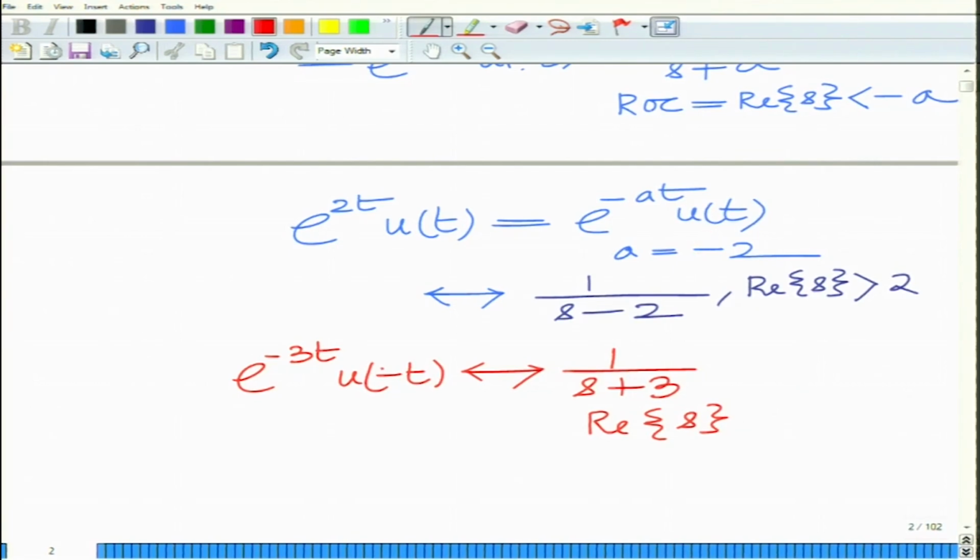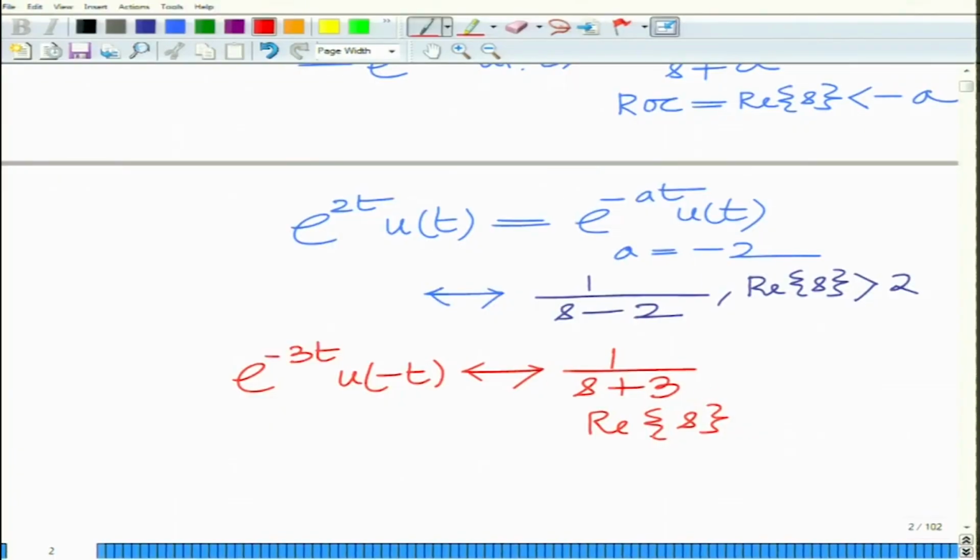Remember, u(minus t) is equal to 0 for t greater than 0, therefore this is a left handed signal. So the ROC is of the form real part of s less than minus a, that is, real part of s less than minus 3.